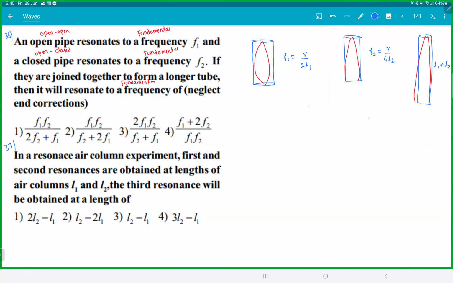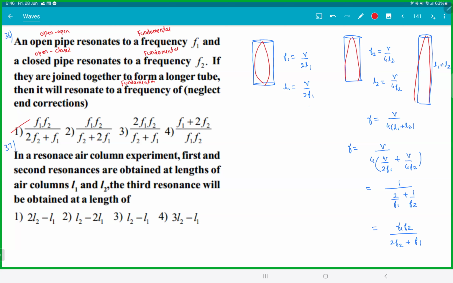37. Keep going. So in a resonance column experiment, the first and second resonance are obtained at lengths L1 and L2. The third resonance will be obtained at. Okay. Try, I'll give you another 30 seconds.